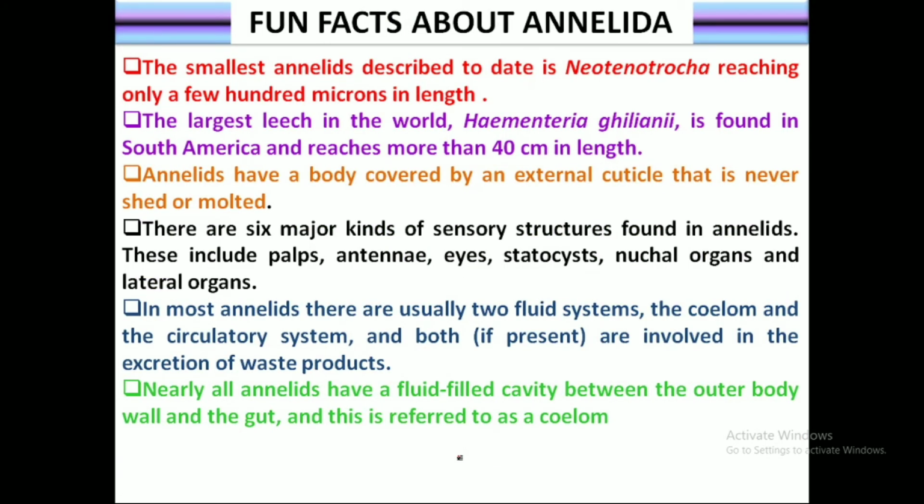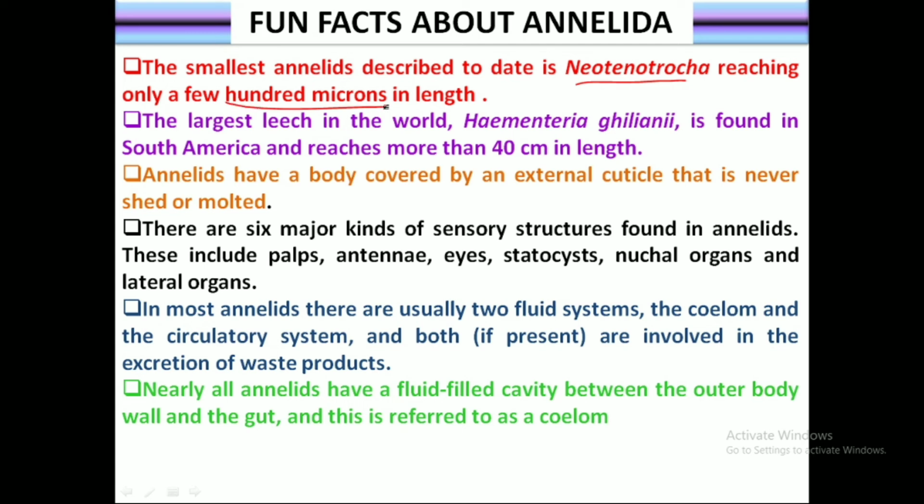Let's discuss some fun facts about the annelids. We have discussed all the characters and systems, so it is time to have some fun about the annelids also. The smallest annelid described to date is Neotenotrocha, which reaches a length of only a few hundred microns.